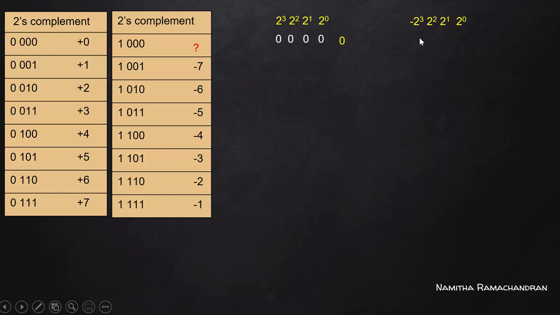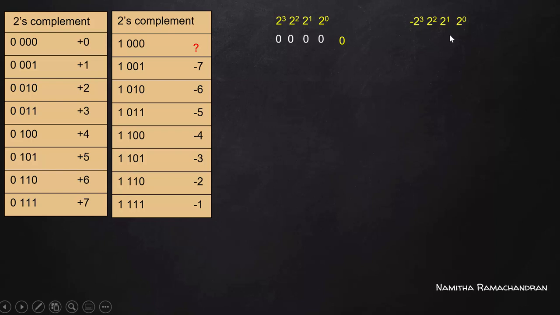Why? Because we can represent positive and negative numbers here. In case of n-bit representation, the positional weightages are 2 to the power 0, 2 to the power 1, 2 square, 2 cube, and so on, up to minus 2 to the power n minus 1.